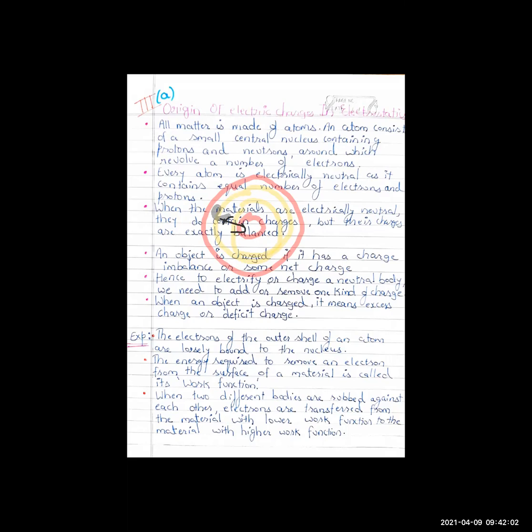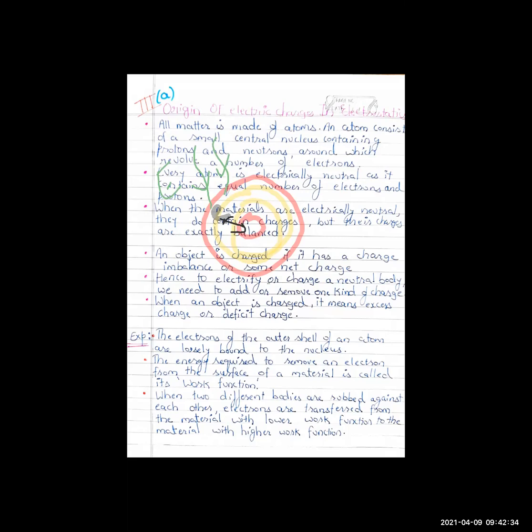So on getting a little energy from outside, if it gets a little energy, right? On getting a little energy from outside, this electron will gain that energy, and after having enough energy, it will eject itself. It will jump from the outermost shell and it will move out, right?